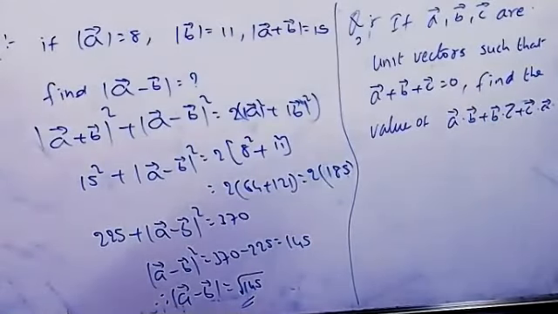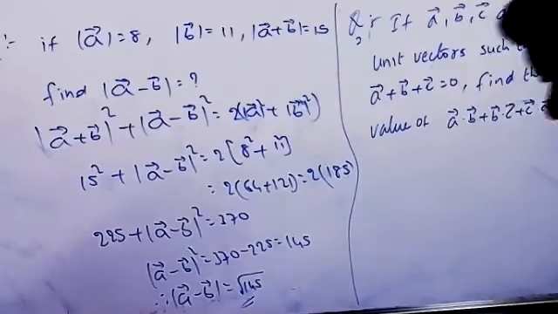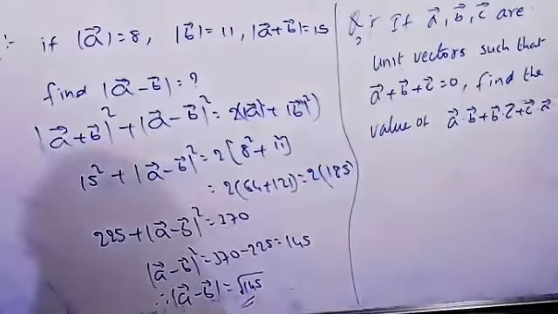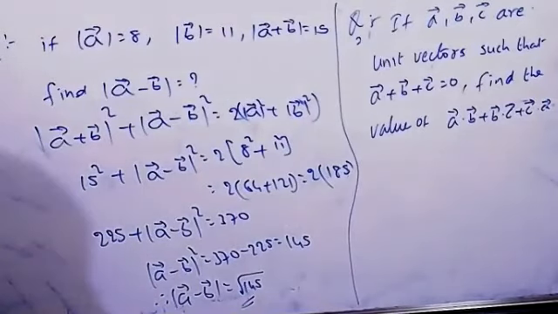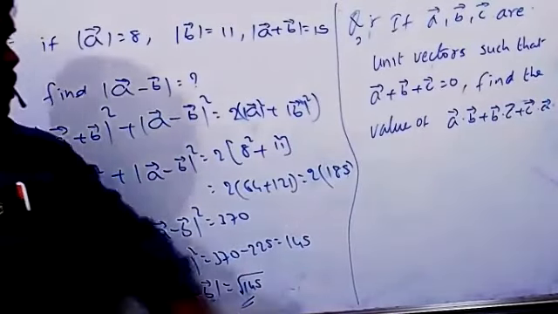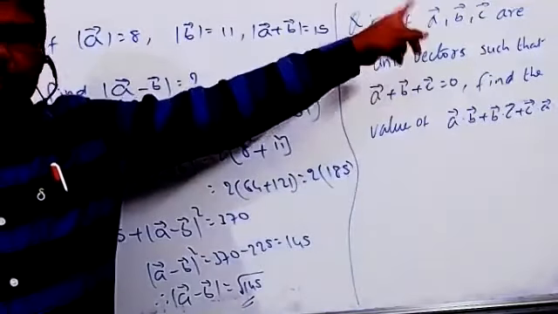You can directly apply the formula for A plus B plus C whole square, and you will get the value. Similarly, there is one more. What is the meaning of unit vectors here? For unit vectors A, B, C, the magnitude of A is 1, B is also 1, and C is also 1.